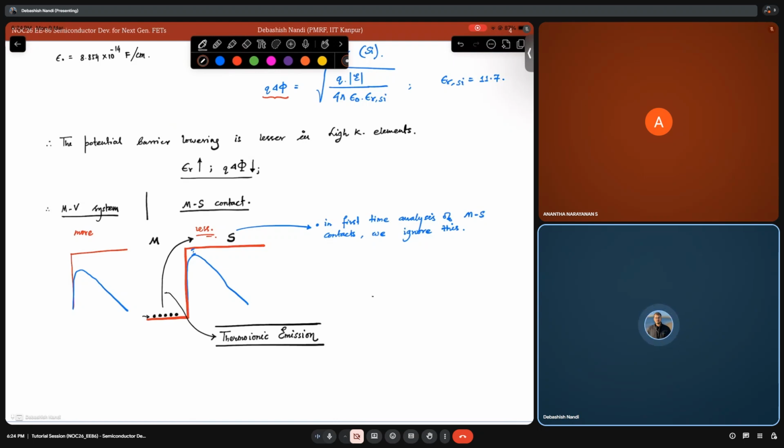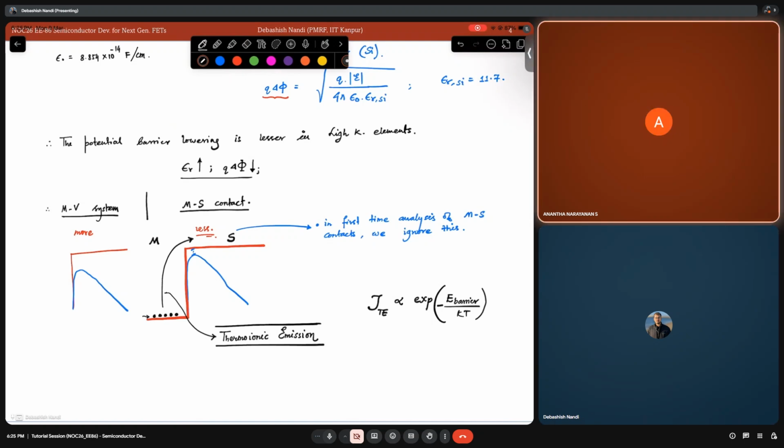Let's say J thermionic emission is proportional to exponential of this energy barrier by some kT constant. Does it make sense?